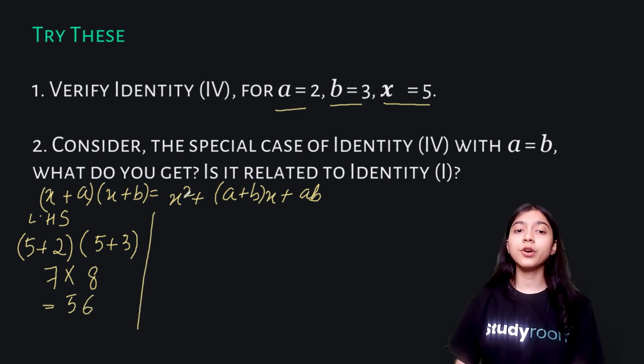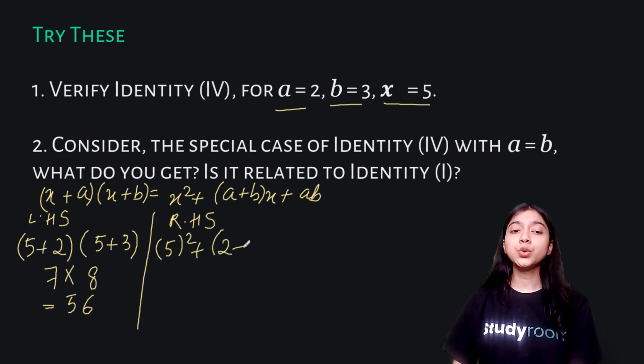Now let us check for RHS. For RHS what we have is x². So in place of x I am putting 5. So I will take 5² plus, I have a plus b, that is 2 plus 3. Now in place of x I have to put 5, plus a into b, that means 2 into 3.